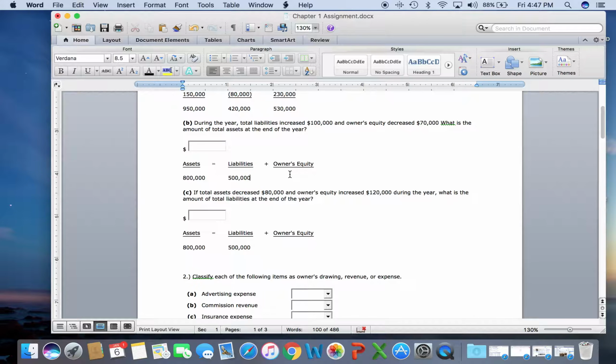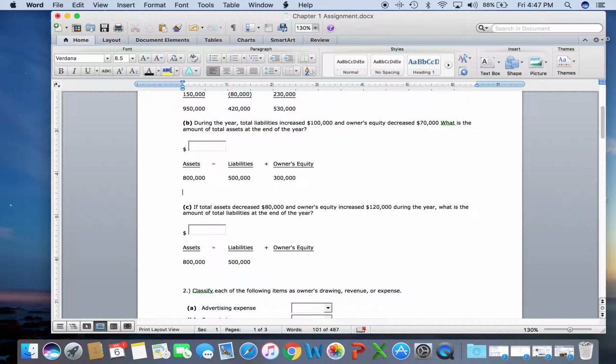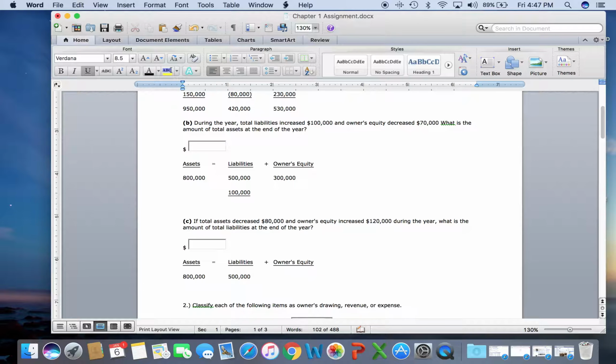We know, of course, as we did earlier, owner's equity in the beginning will be 300,000. It says here, during the year, liabilities increased 100,000. So we see liabilities is 600,000. And owner's equity decreased 70,000, so decrease that by 70,000.